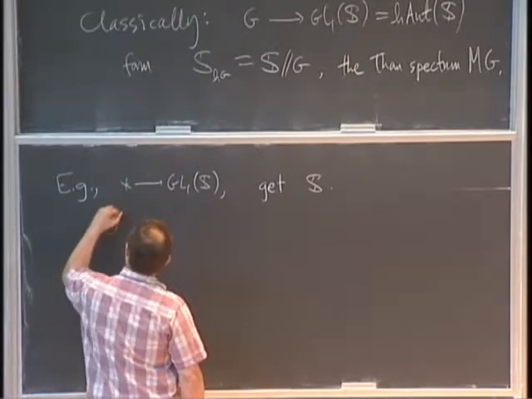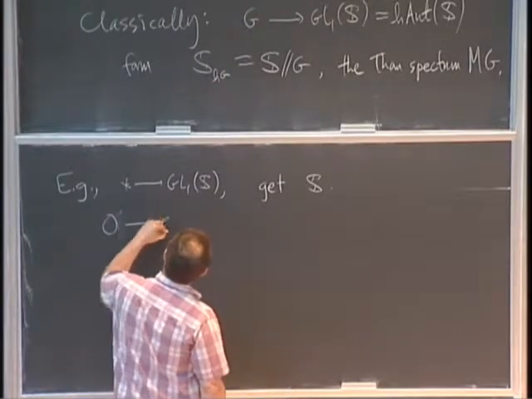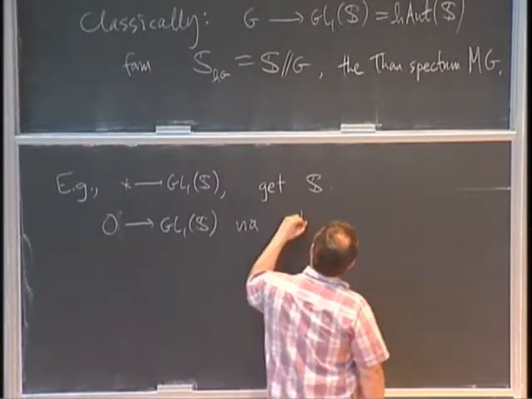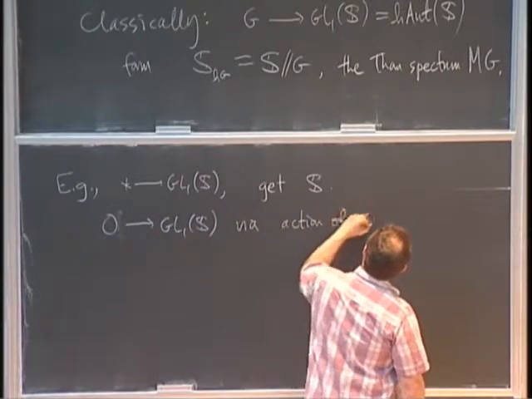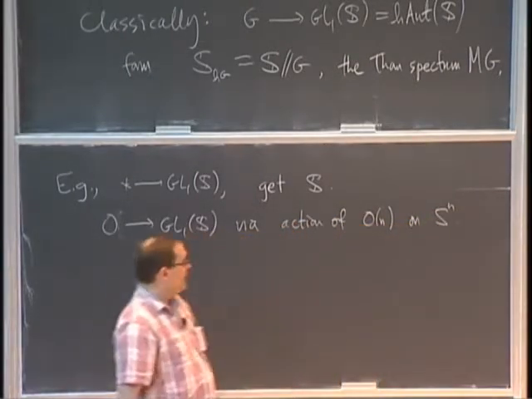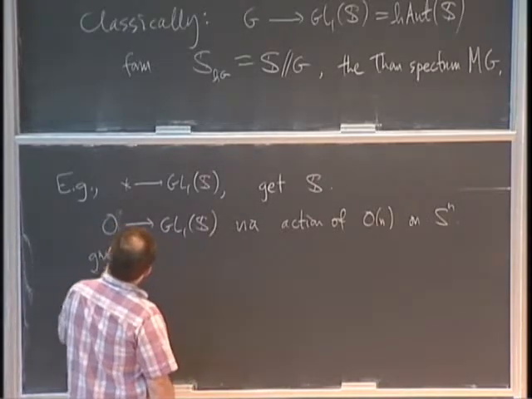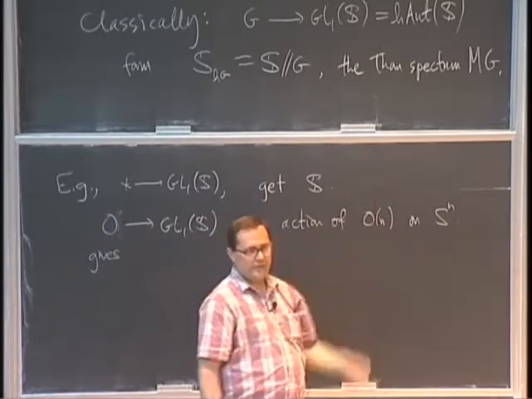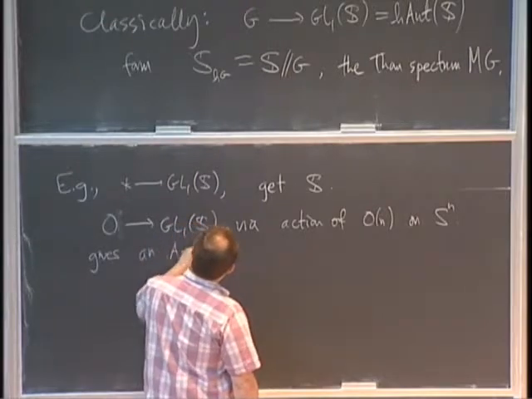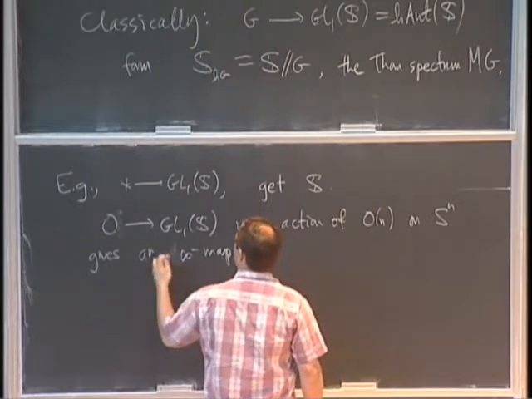More computable is if we take the infinite orthogonal group mapping to GL1 of S via the action of, say, O_n on the pointed n-sphere S^n. So these are compatible as n varies, and it gives an A infinity map. It's actually E infinity. Maybe I should say that.